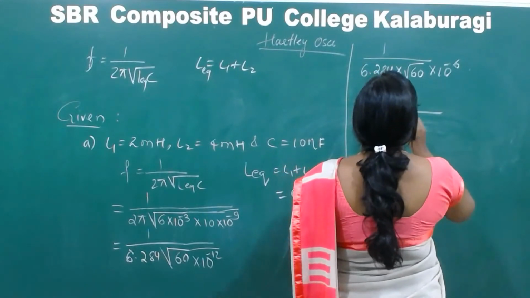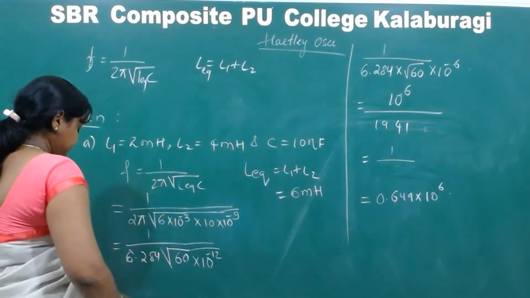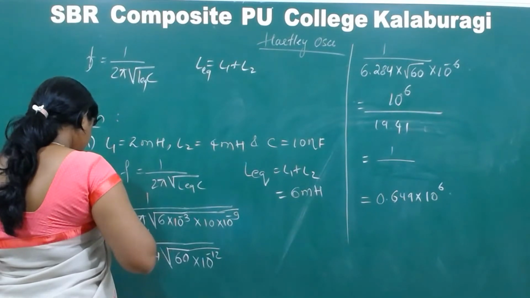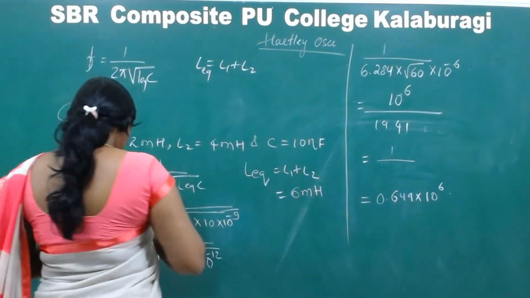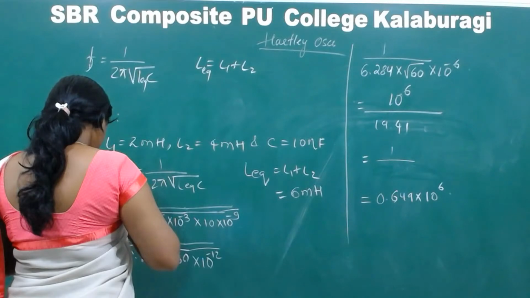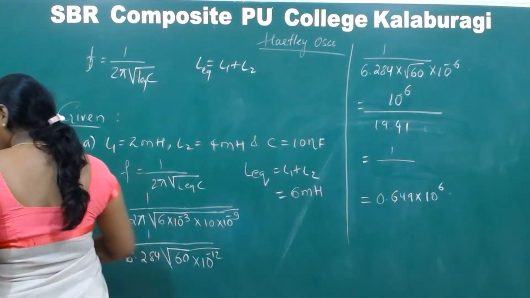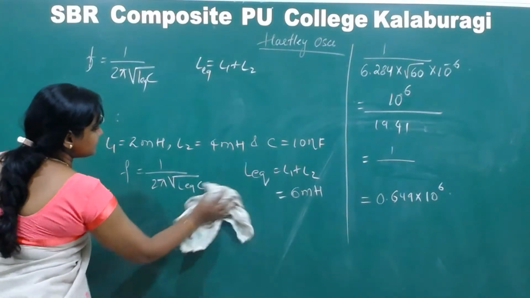I'll check again the value for root 60. We will check this once again, the substitutions and all.